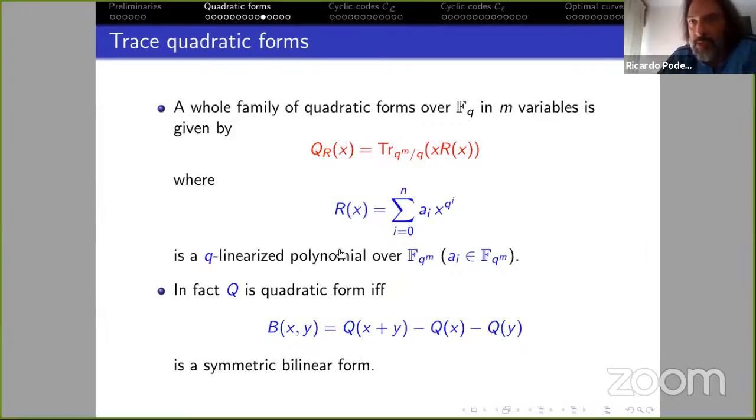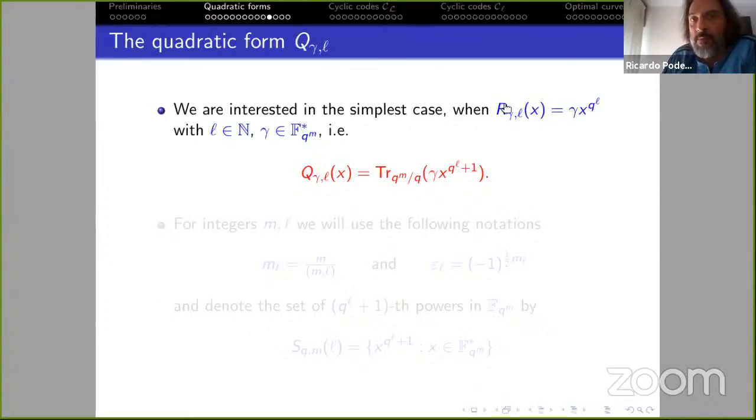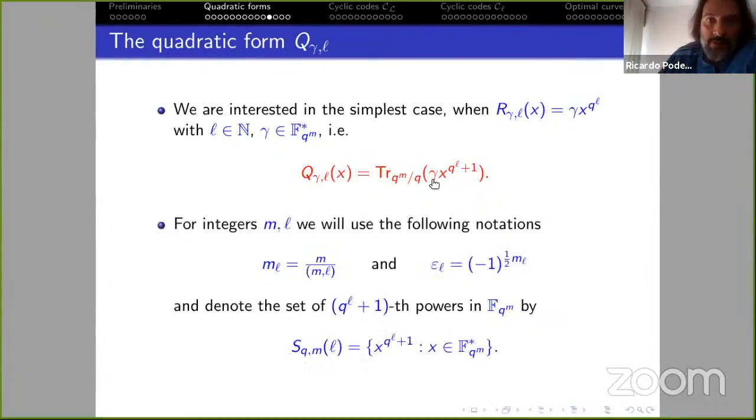There were some previous talks where these were considered. And we are interested in the simplest case, I mean, when the polynomial is a monomial, okay? So this is the quadratic form. For this quadratic form, we can say more things.